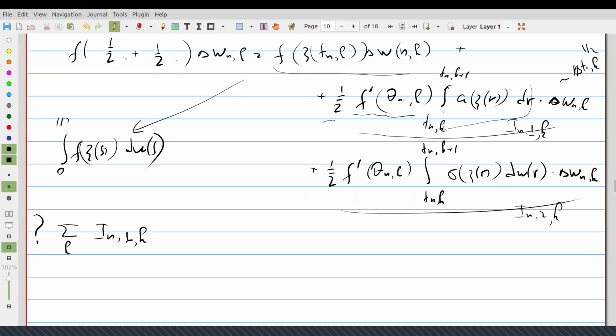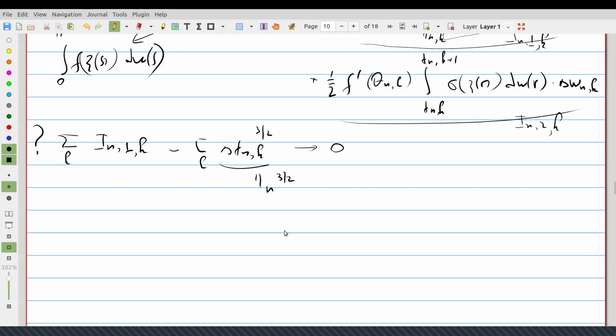But this is delta t n k, just. So this is like the sum delta t n k to the power 3/2. So this should go to 0 and shouldn't influence the limit. This is the idea, effectively. So this term is of order 1 over n to the power 3/2.